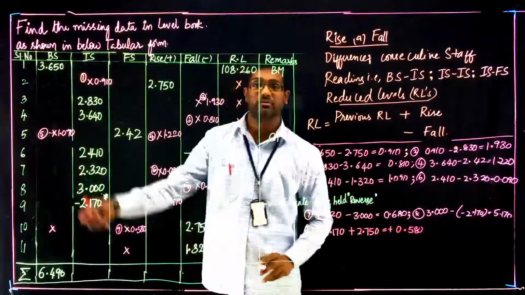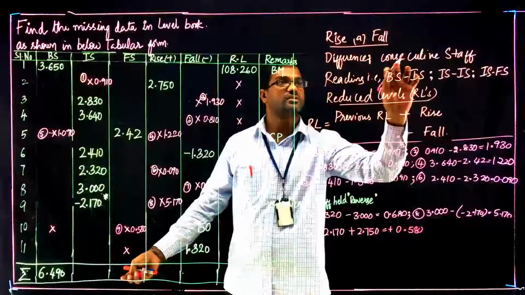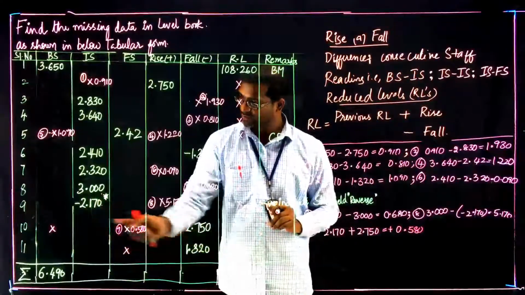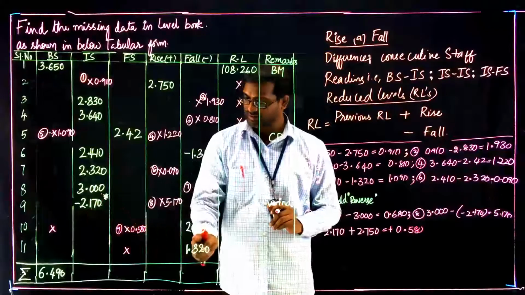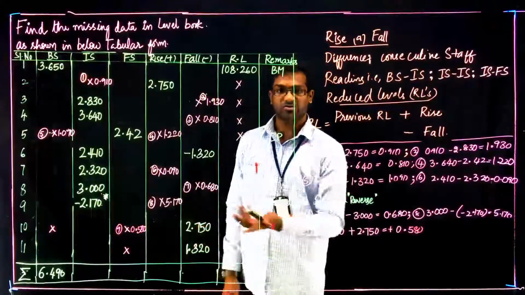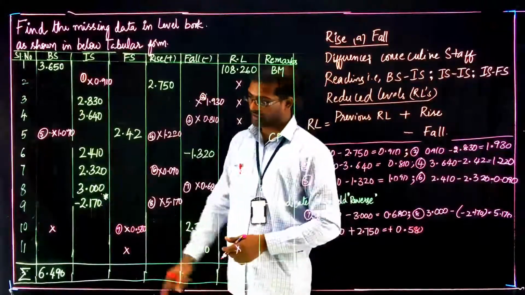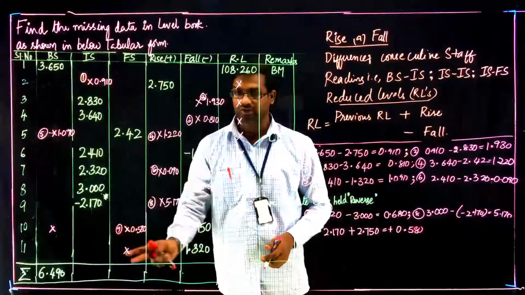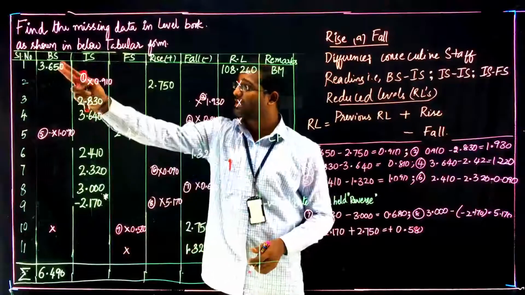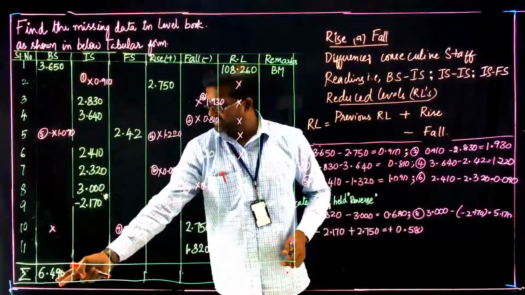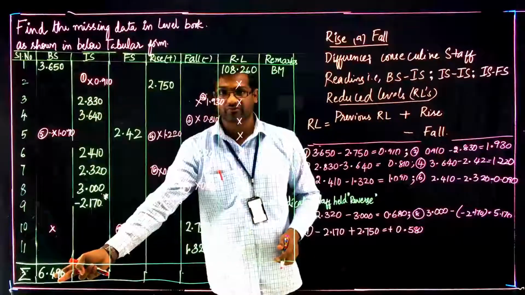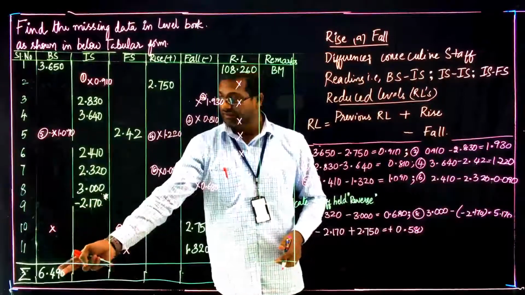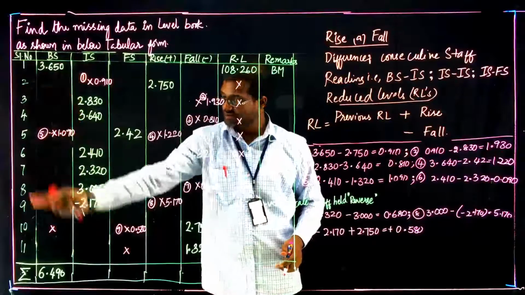What I am doing is just taking the difference of two consecutive steps. This minus this will give you this value. Take a look, this minus this is negative, minus 2.750. Next, this minus this will give you this value, but two unknowns are there. You cannot find them. So the summation of all these three values is given to you as 6.490. You can get this value by deducting the summation of these values from here.